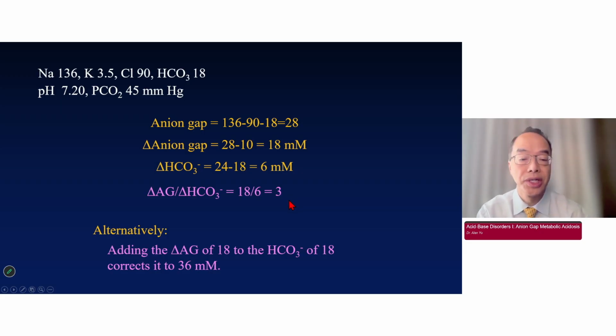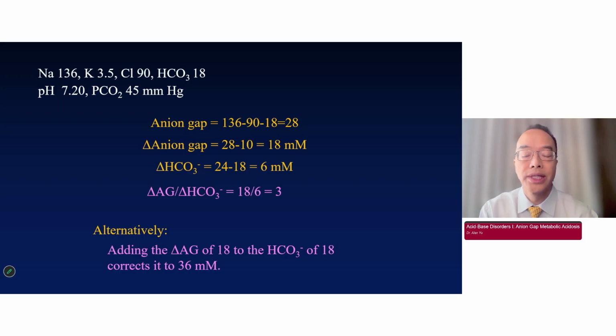And so that would suggest that the anion gap is very high, but the bicarbonate isn't as low as we would expect. And that would occur if there were also a superimposed metabolic alkalosis. So 3 disorders: anion gap metabolic acidosis, respiratory acidosis, and metabolic alkalosis. And that was the answer.